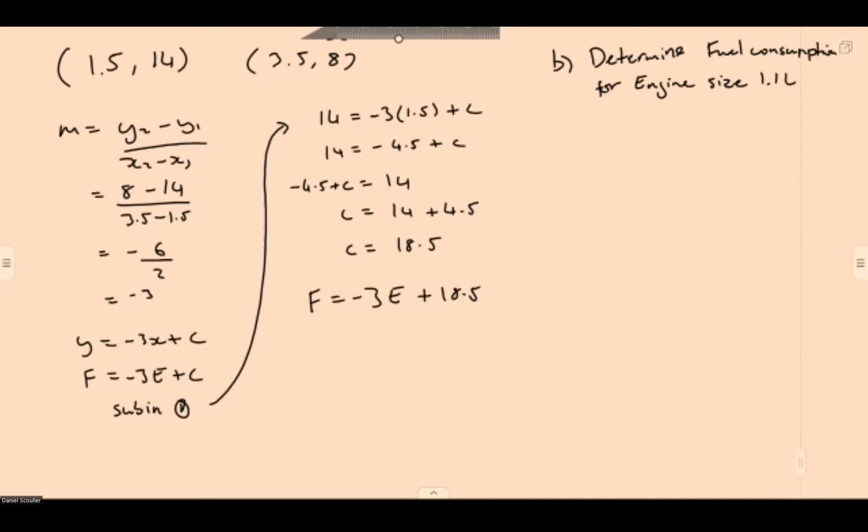So fuel consumption is -3 times engine size plus 18.5. If we substitute in our 1.1, F equals -3.3 plus 18.5. F is equal to 15.2.